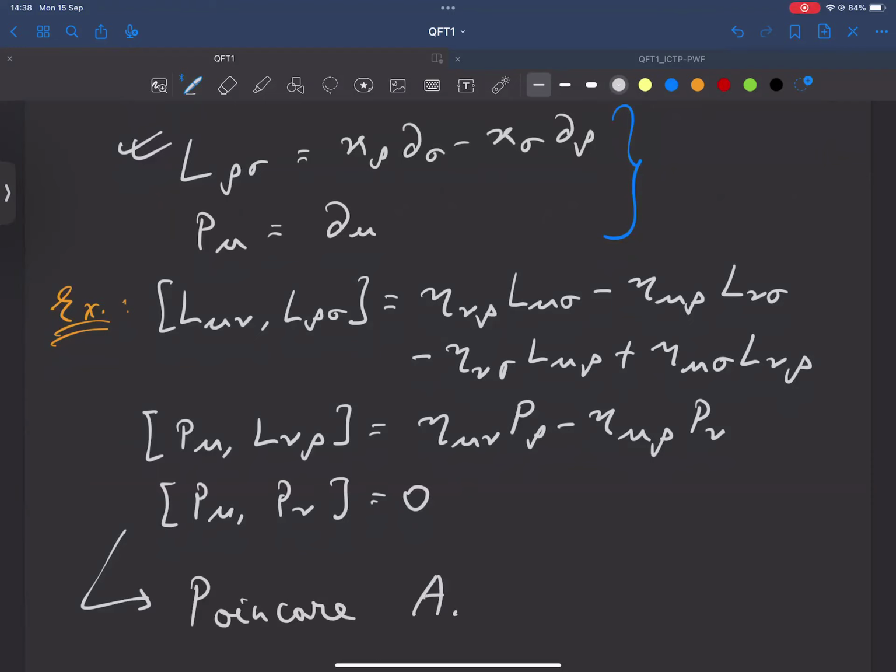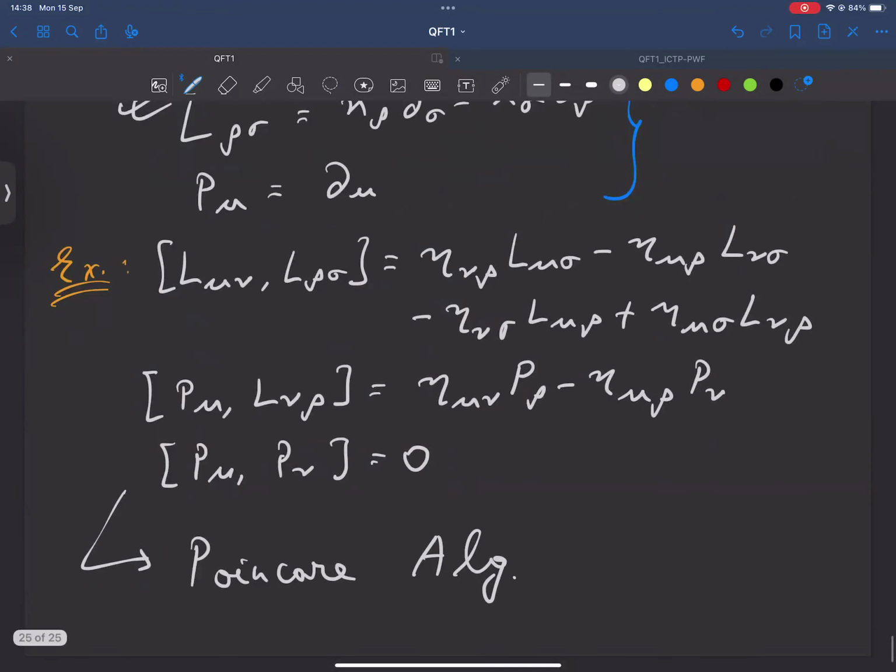Okay, so with this you can show that this holds, and this is what is called the Poincare algebra. Just like we had the Lorentz algebra, this is the Lie algebra for the Poincare group. And let me briefly explain what each of these lines means. The first line we already know, that's the Lorentz algebra, and that had to be there because every Lorentz transformation is by default a Poincare transformation, just without the translation. This tells you what happens to the generator that generates translations when you take its commutator with the Lorentz generator.